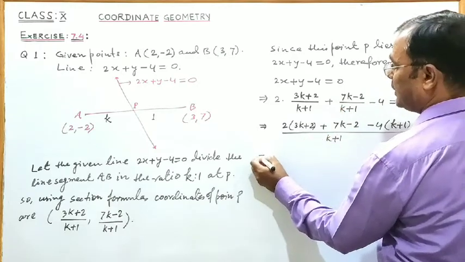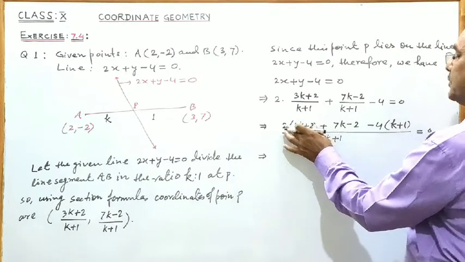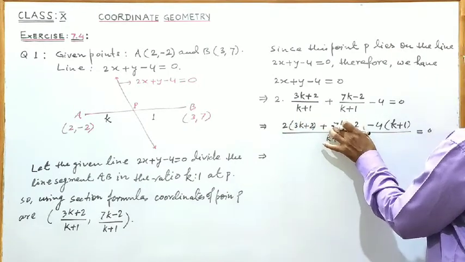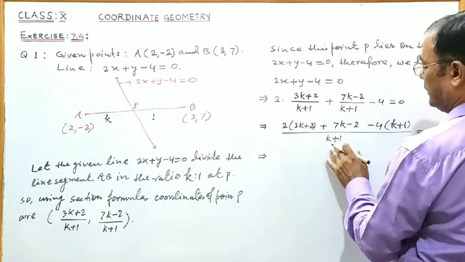So LCM we have taken k plus 1 and written the numerator 2 into (3k plus 2) plus (7k minus 2) minus 4 into (k plus 1).